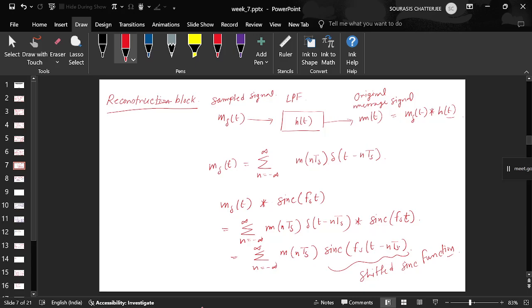For example, if it's shifted by n times the sampling period, its amplitude is now the message signal value at n times the sampling period. So you can see an infinite sum of amplitude modulated shifted sinc functions.